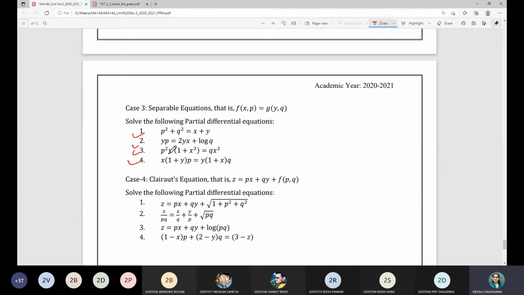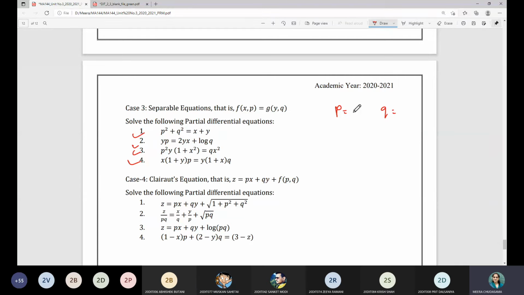Last, complete it and tell me the final answer. What are the values of P and Q in terms of A and X, A and Y? A into bracket 1 plus x upon x.